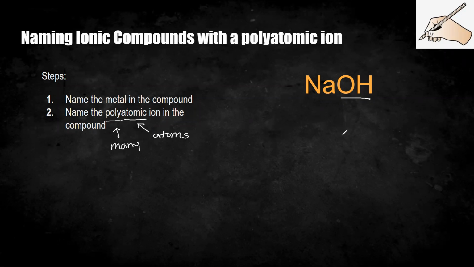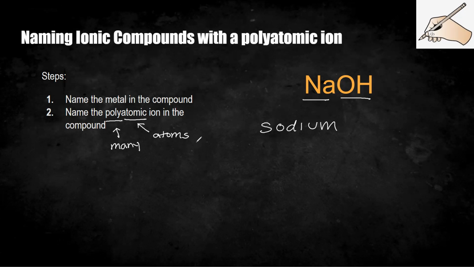I wish I had another method for telling you how to know the names of polyatomic ions, but it is simply to memorize them. So this is hydroxide, and we will come back to that in a moment. Our first step is to name the metal in the compound. Here's our metal, and if you look on the periodic table, this is sodium.